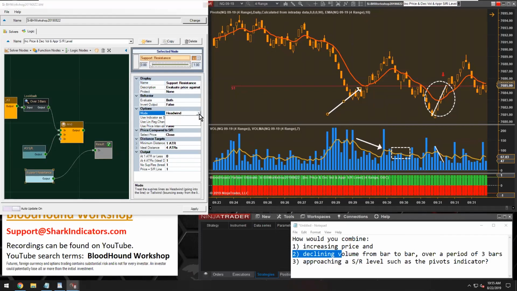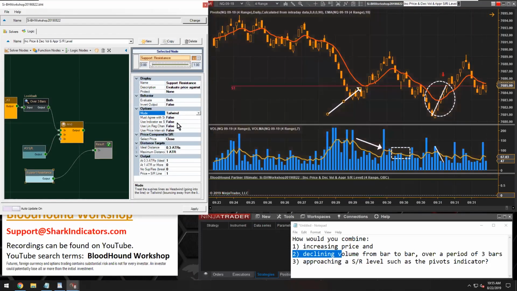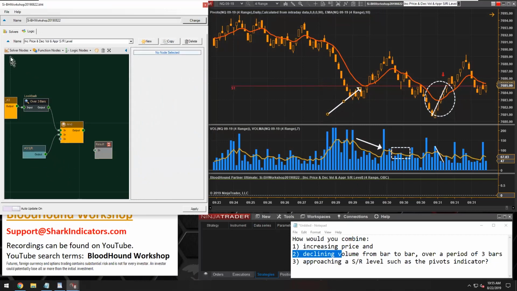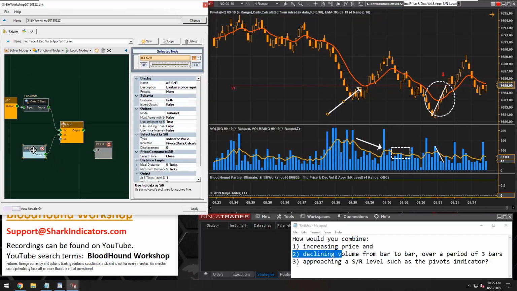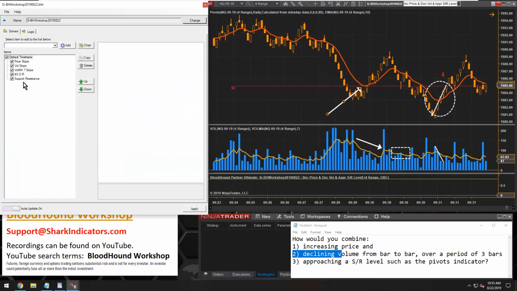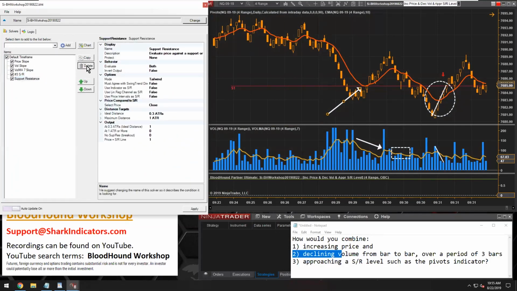I'm going to be using Tailwind, and actually, hold on, let me get rid of that solver here to save me some time.